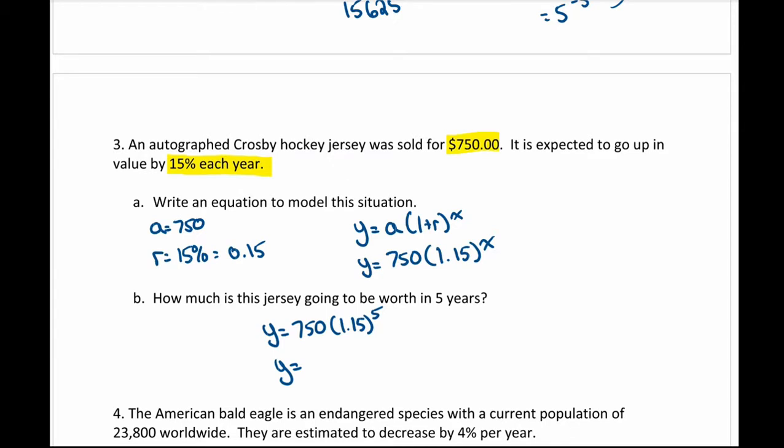So do the 1.15 to the power of 5 first, and then multiply by 750, and you should get $1,508.52 is how much it's going to be worth.